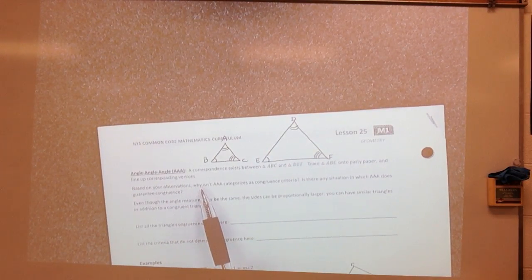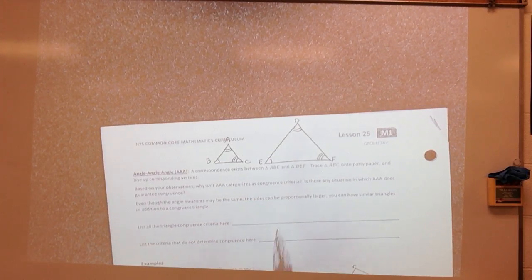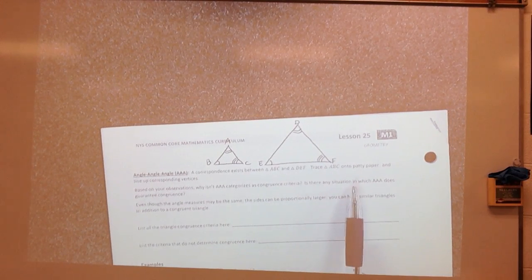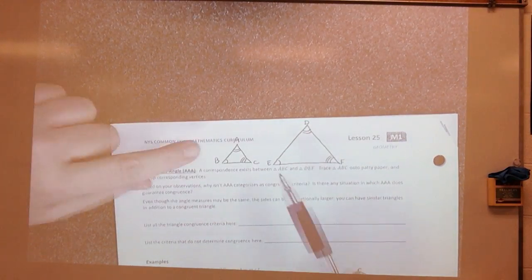Based on your observation, why isn't AAA categorized as a congruence criterion? So why can we not use AAA to prove that these two triangles are congruent? Is there any situation in which AAA does guarantee congruence? Look at this.